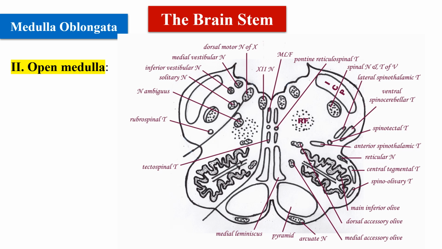So the features: pyramid on the anterior aspect, followed by main olivary complex, which takes the shape of tortuous structure like worm, okay, and on the posterior aspect I can see there is fourth ventricle, and the main outline of the medulla oblongata is butterfly in shape.